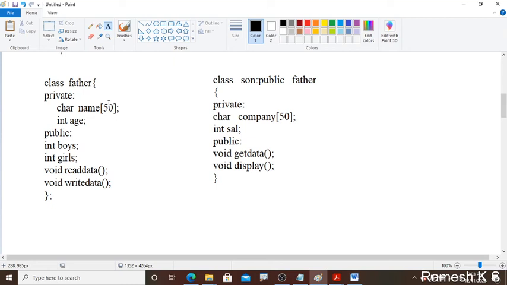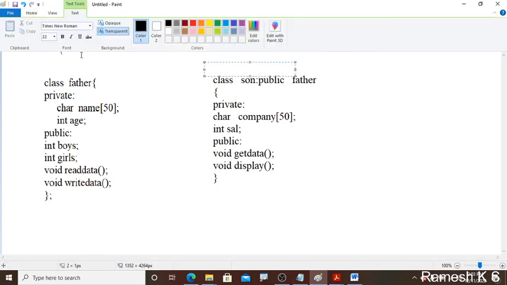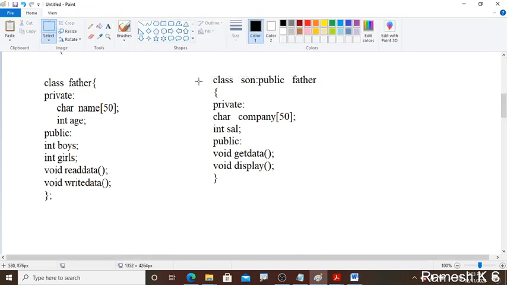Also, we have three different types of derived classes: private derived classes, public derived classes, and protected derived classes. How can we define private, public and protected derived classes? Take the same example. This is a public derived class.